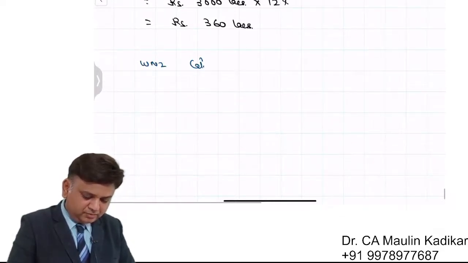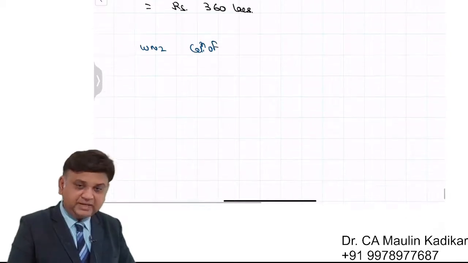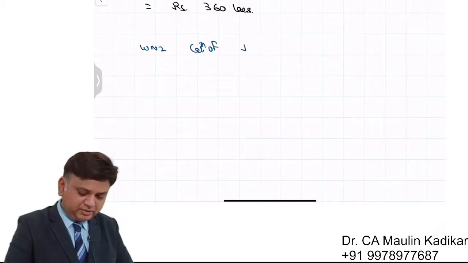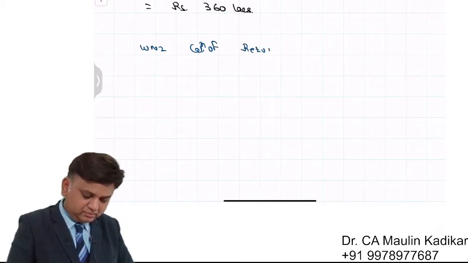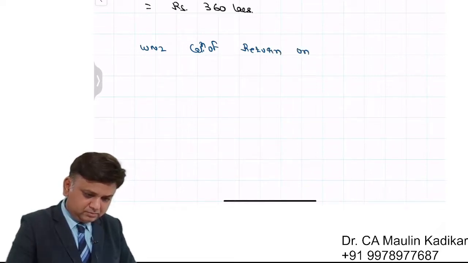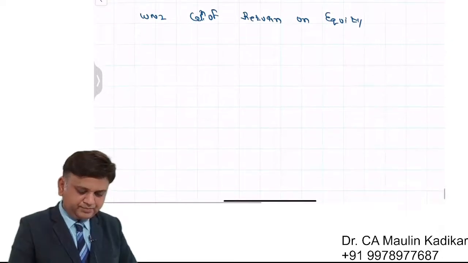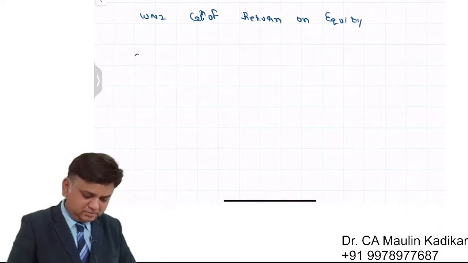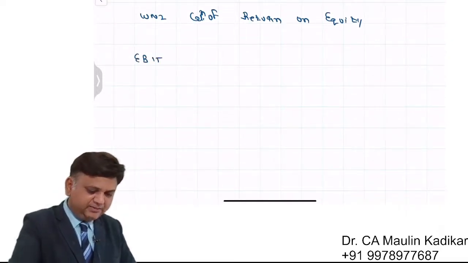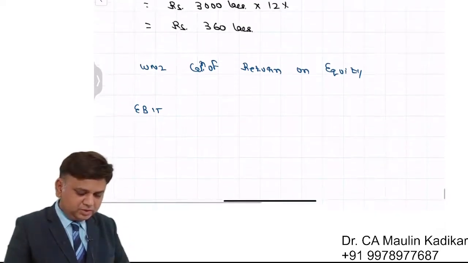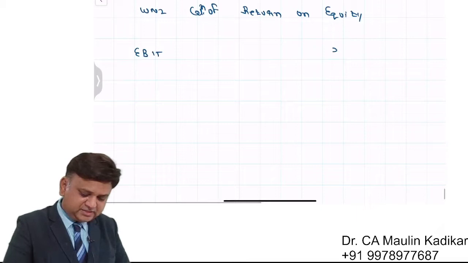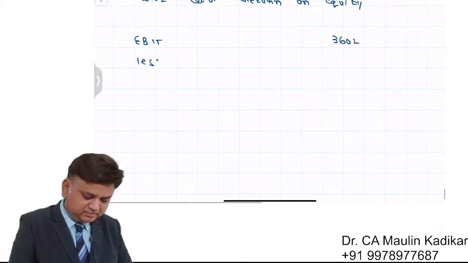Working note number 2, calculation of return on equity. So in that, we'll start with the EBIT. EBIT is 360 lakhs less interest.